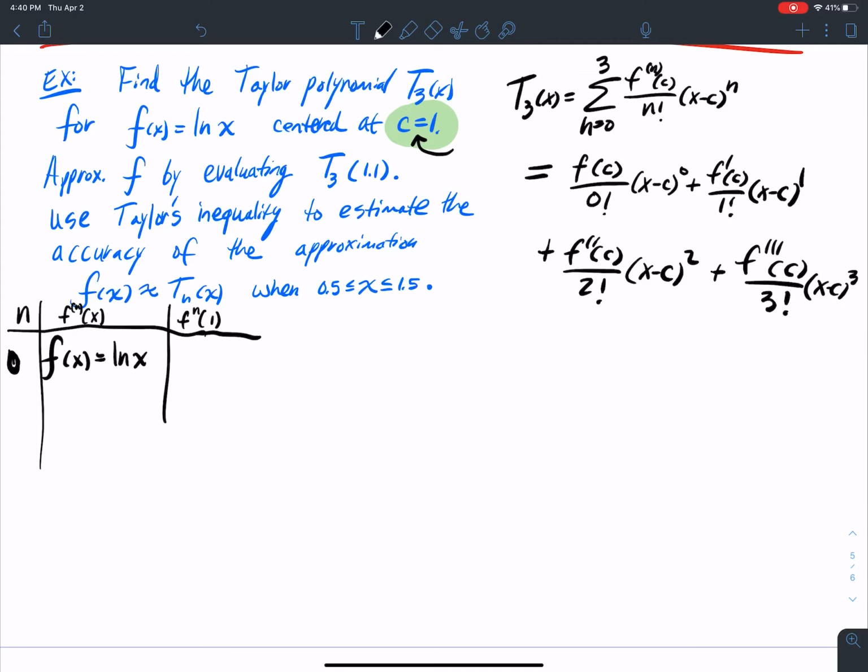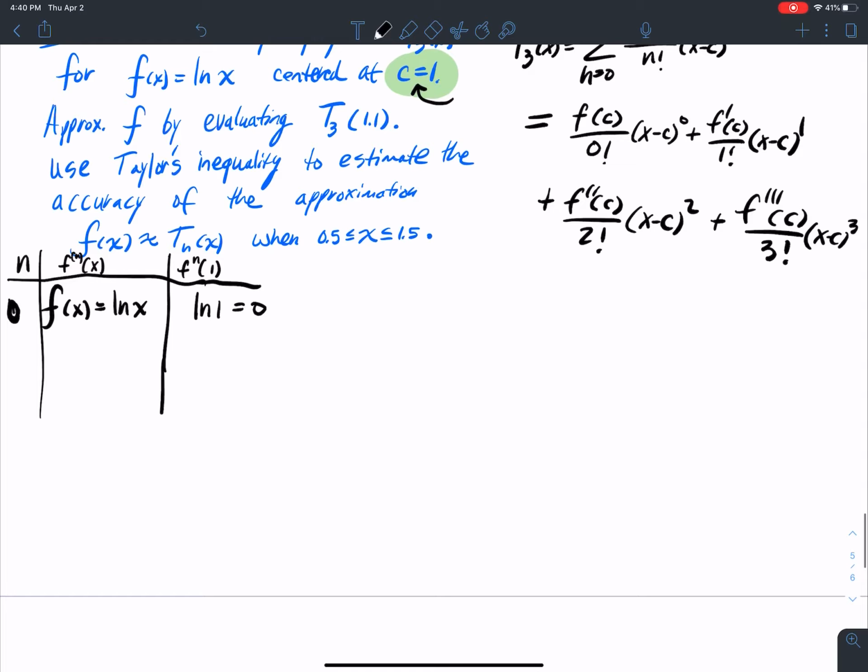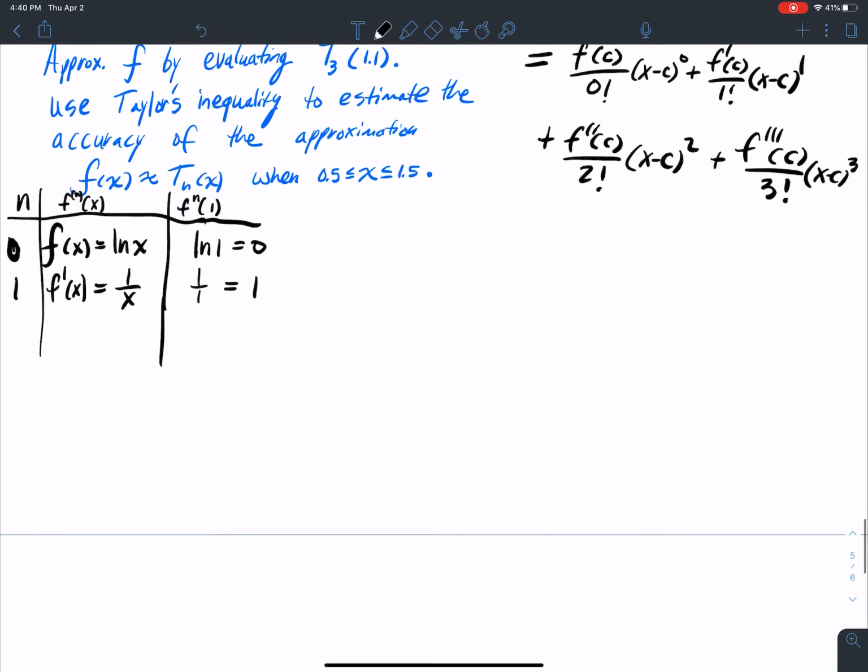So ln of 1 is equal to 0. Next one, n equal to 1. f prime of x is 1 over x, evaluated at 1 is 1 over 1, which is 1.